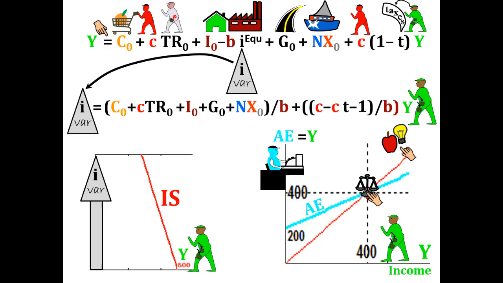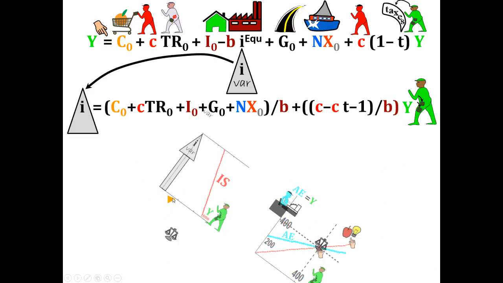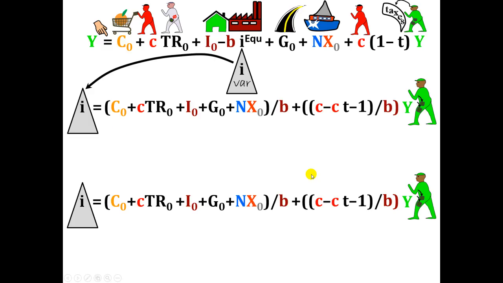So were we able to find the value of the interest rate in equilibrium? Well, no, but we are getting closer. What is the intercept and the slope of the IS curve? Well, this is exactly the same.